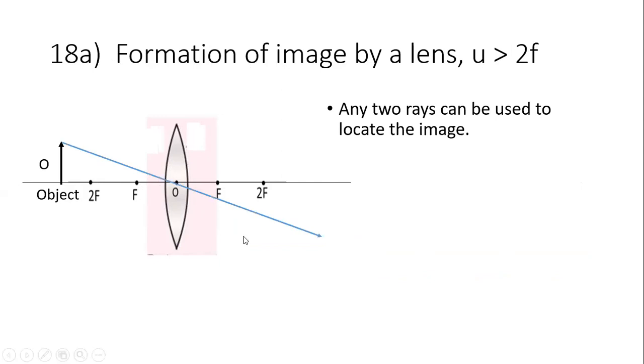The easiest is to use the blue one, passing through the optical center, straight through, that's all. Then the next ray is parallel to the axis. After it passes through the lens, it will pass through the focal point or principal focus. And that's your image.